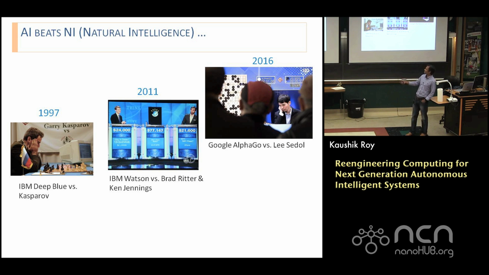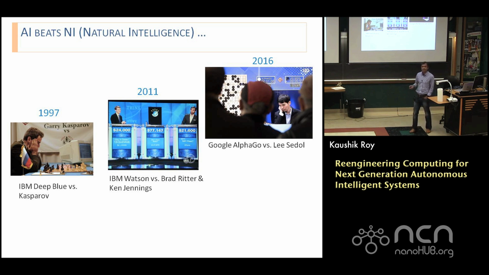Back in 1997, you're young, probably not even born then, IBM Deep Blue played Kasparov. More recently, in 2011, IBM Watson played the Jeopardy masters, and again, the Jeopardy masters lost.